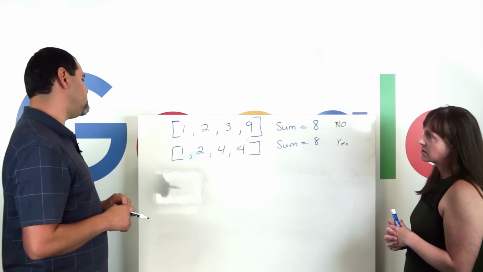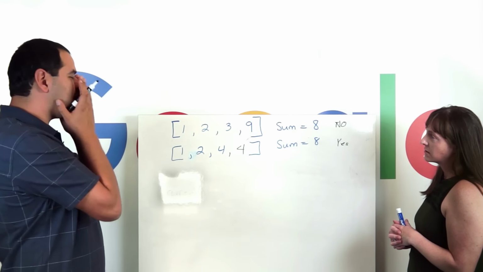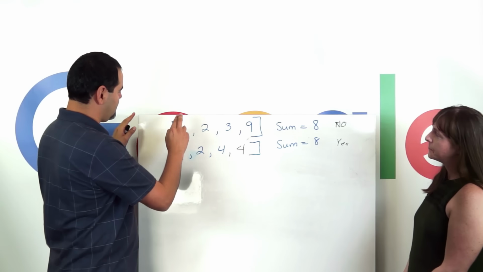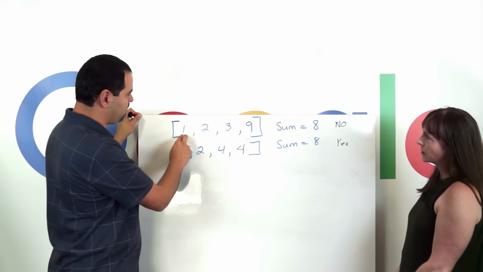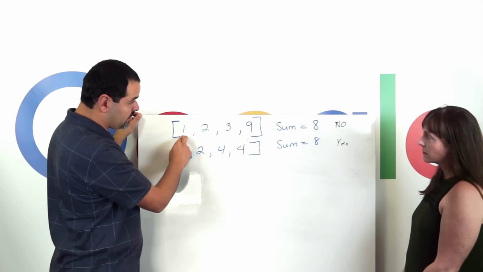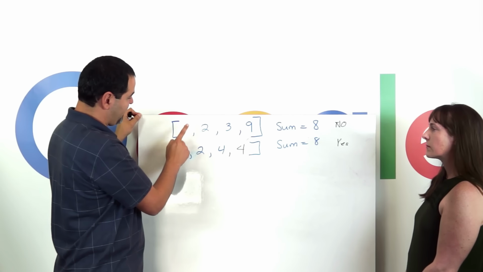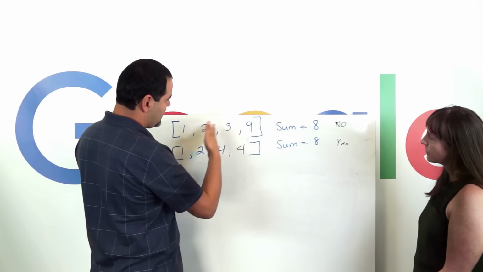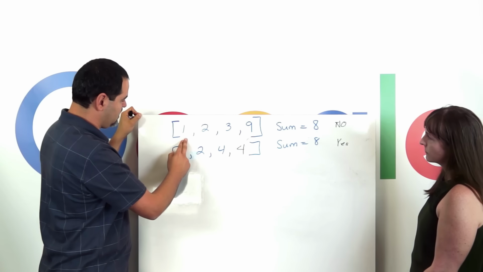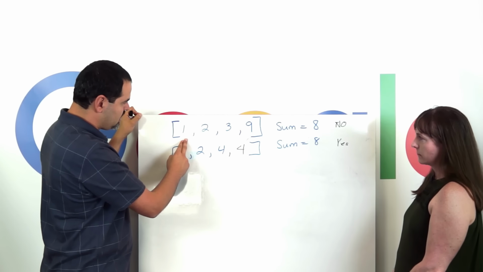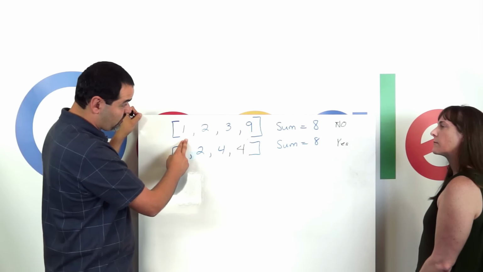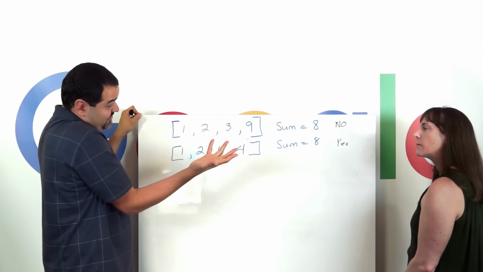Well, since it's sorted, I guess I need to figure out, when I have a number, if there's another number that sums to 8. So if I have a 1, what I need to figure out is if there's a 7 somewhere in the array. And if it's sorted, then I can just do binary search.